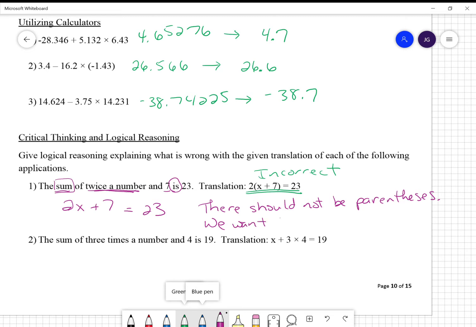We want twice a number, not twice a sum. So if these two words were changed around, if it said twice the sum of a number and 7, that would be the correct translation.